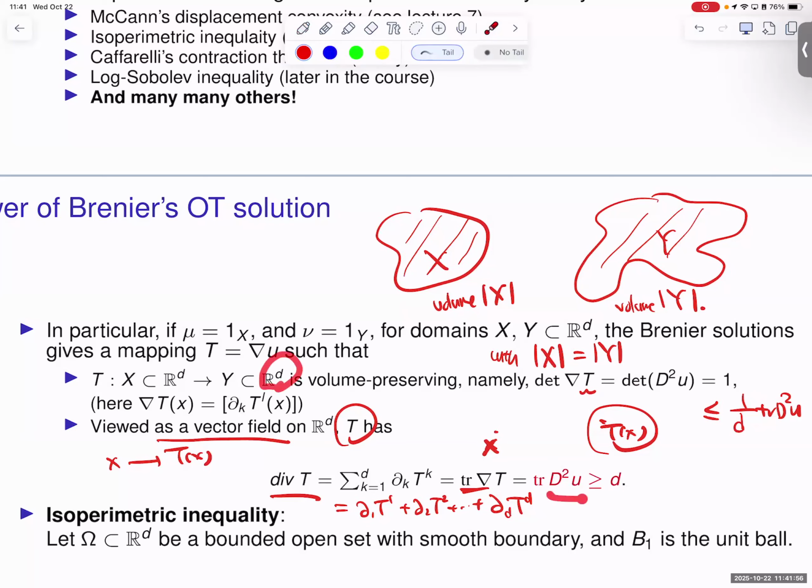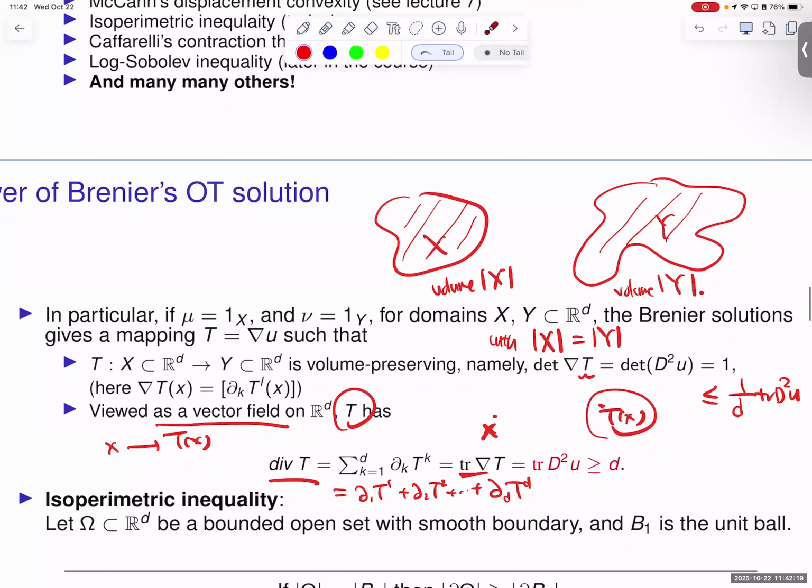So this vector field T has this divergence lower bound, bigger than or equal to d. And this property is basically the isoperimetric inequality, but of course it's not the isoperimetric inequality we are familiar with.